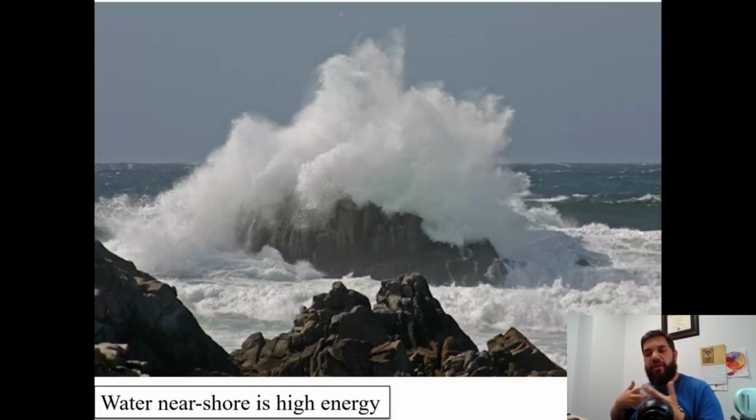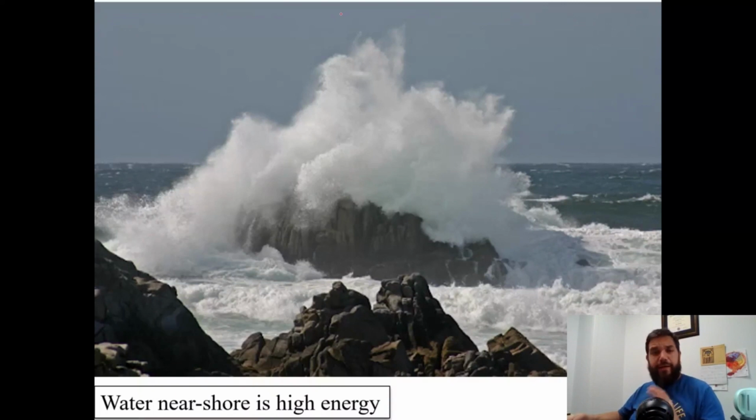There's a lot of energy. This constantly moving water, the splashing water and waves crashing on the beach, stirs up the sediment on the ocean floor. And what happens is that only the large pieces of sediment can settle out. The stuff like silt and clay take a long time to settle.